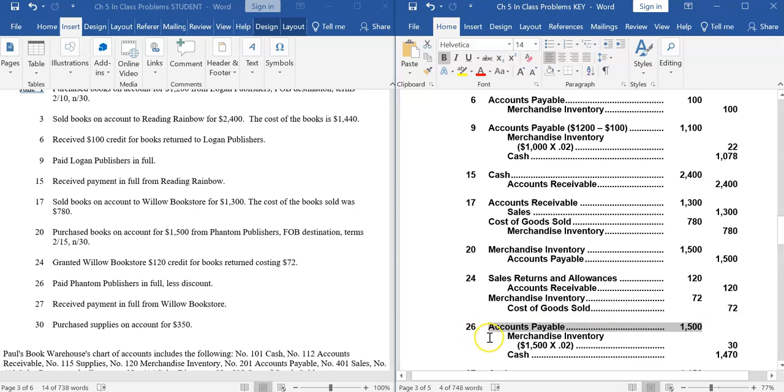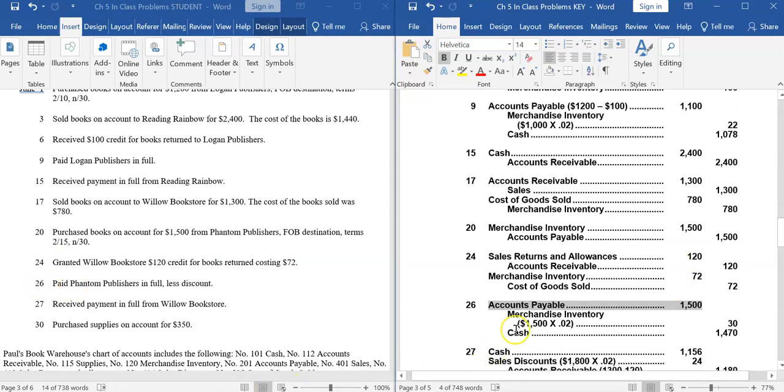We are going to decrease our liability with a debit. We do not have to use $1,500 in cash to pay off that liability because we can take a 2% discount for paying within 15 days. The 2% discount is going to be $1,500 times 2% or $30.